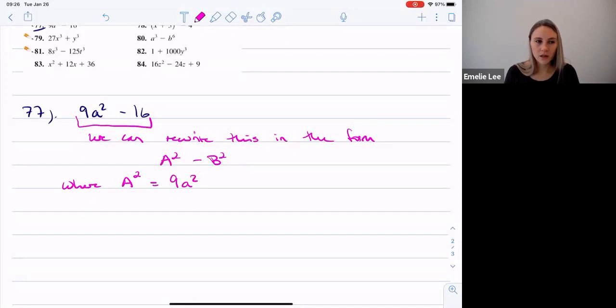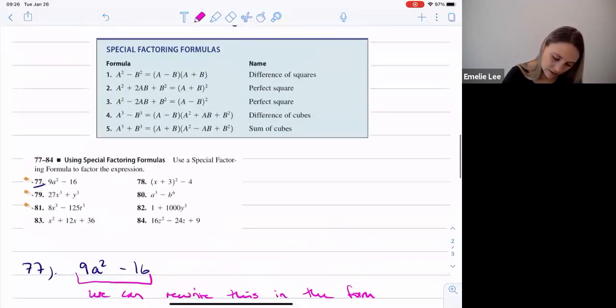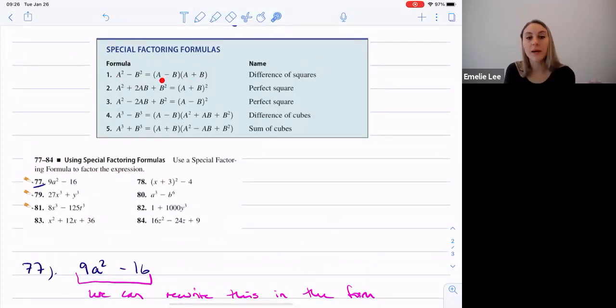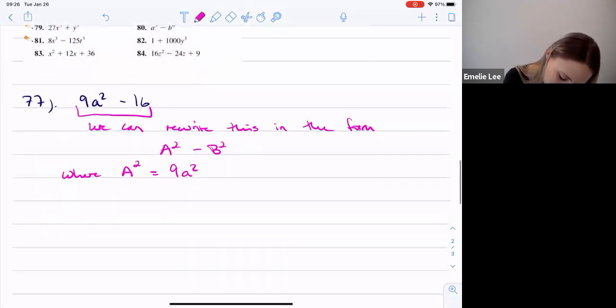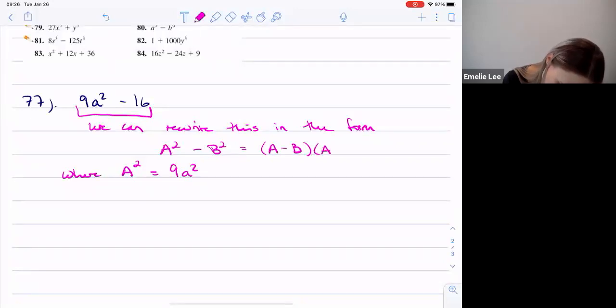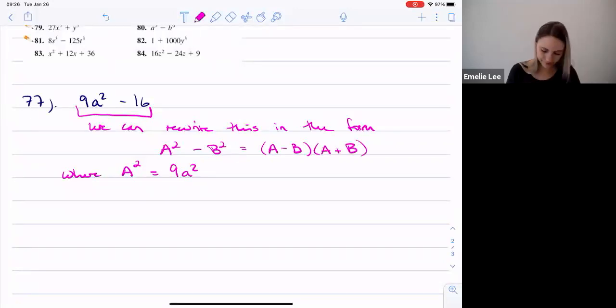I'll write out what the factoring formula is, right? So a squared minus b squared is going to become just a minus b times a plus b. So notice that I need to have a and b on their own, not just a squared and b squared. So here I'll write that out as a minus b times a plus b. So a squared is going to be 9a squared, and then b squared is going to be 16.